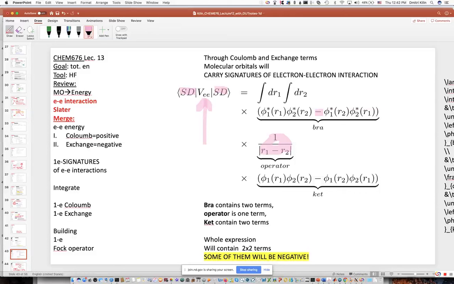When we need to find the total energy, we put the Slater determinant on the left, then the operator, then the Slater determinant on the right.